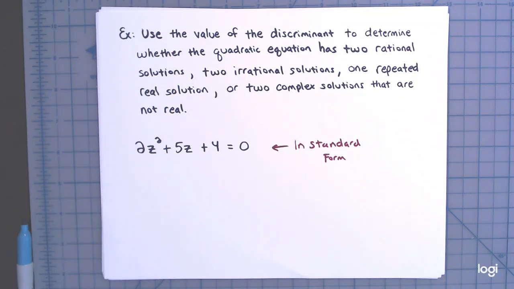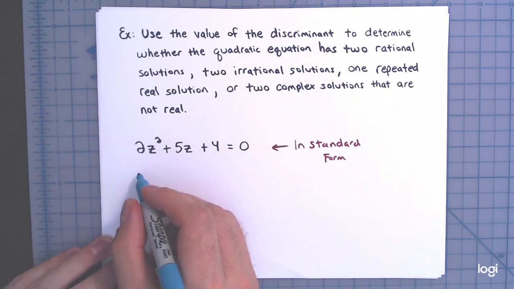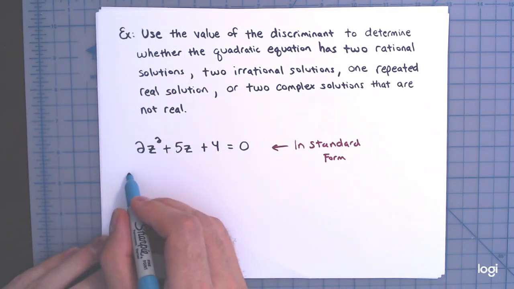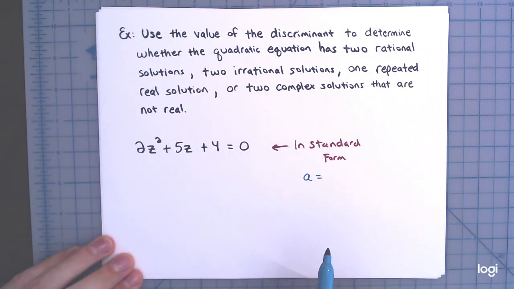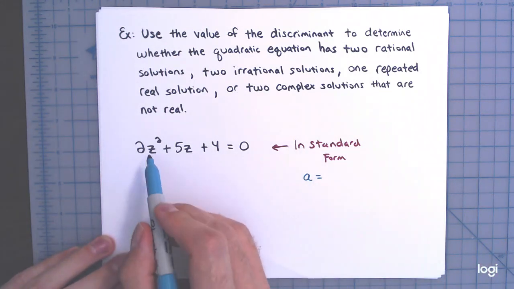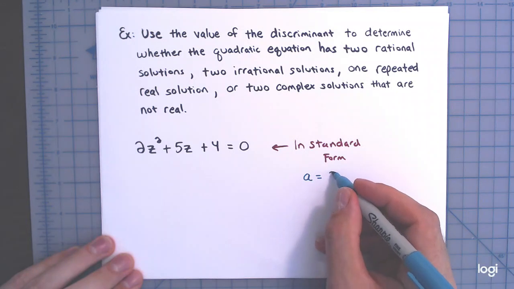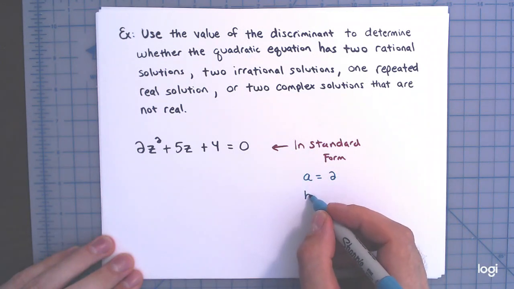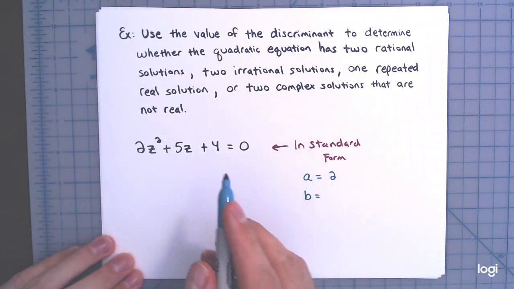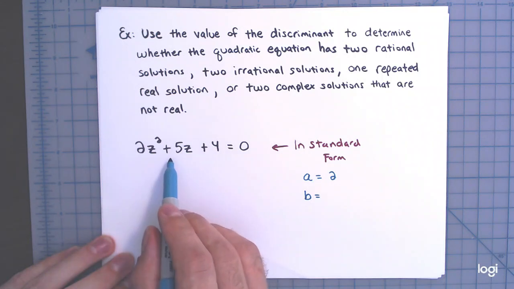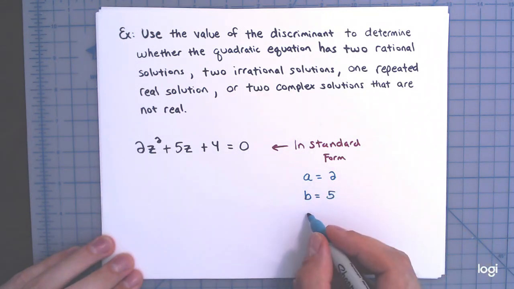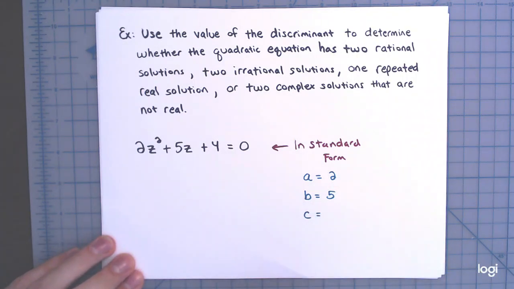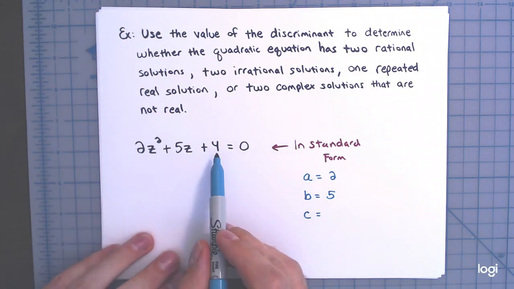All right. So first I'll identify the coefficients. Remember the lowercase a is the coefficient of the square term, z squared, that'd be positive 2. Lowercase b is the coefficient of the z to the first power term, which is positive 5. And the lowercase c is the constant coefficient, the coefficient without a variable attached.